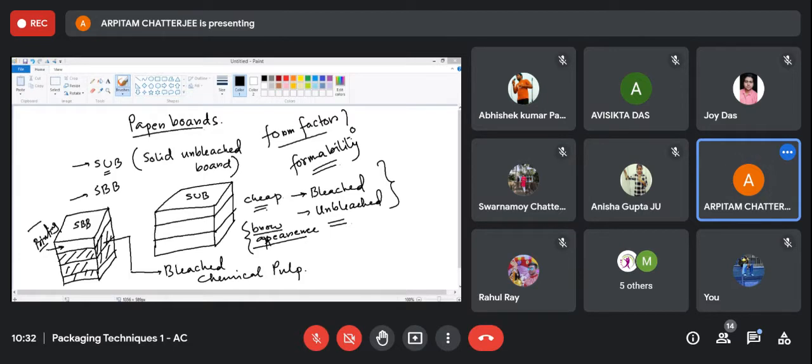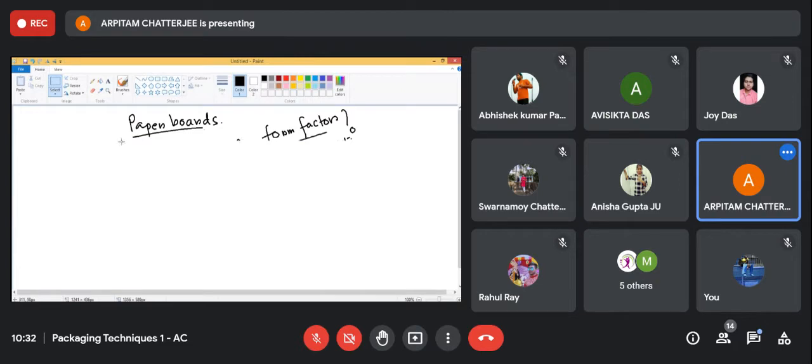Okay, so coming to the next type of board. Okay, the next type of board is called FBB, that is folding box board. Folding box board, as you know, is used for most of the cases that you see. Okay, the structure is a bit different.